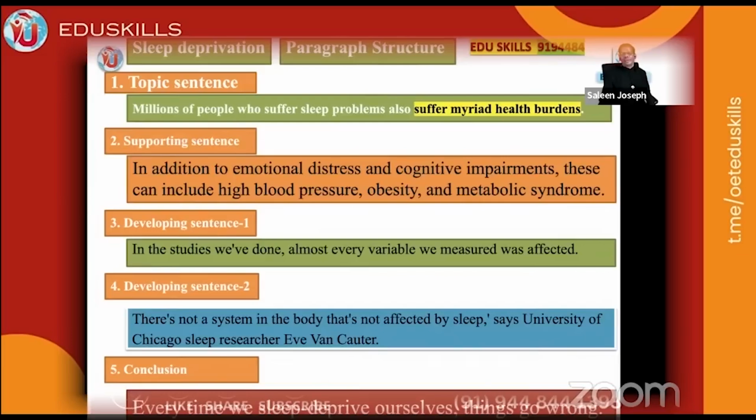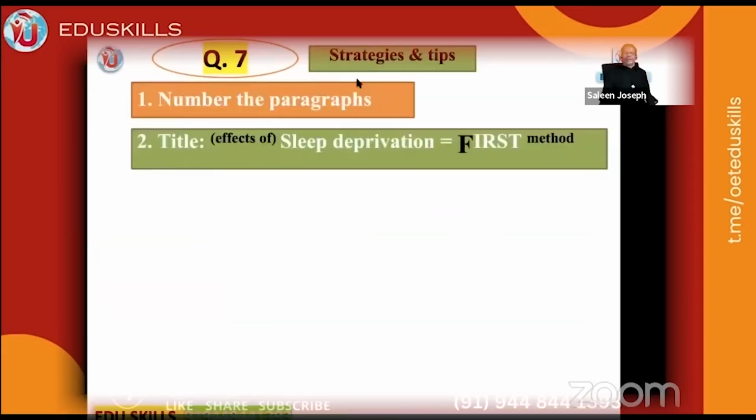This is how you have to analyze the text as well as the audio. The script of the audio has to be analyzed, or you can listen and write down the analysis as you listen. These are the strategies and tips you have to be aware of. Number the paragraphs before you start reading the text: 1, 2, 3, 4, 5, 6, 7, 8, whatever paragraphs you have.